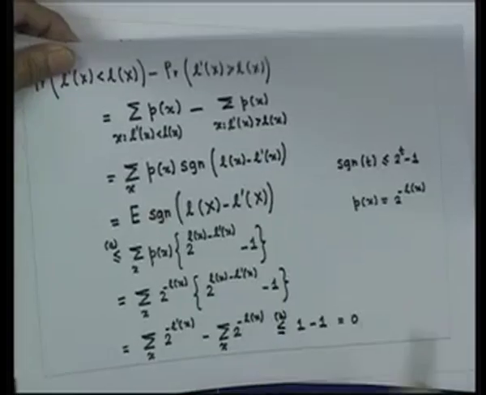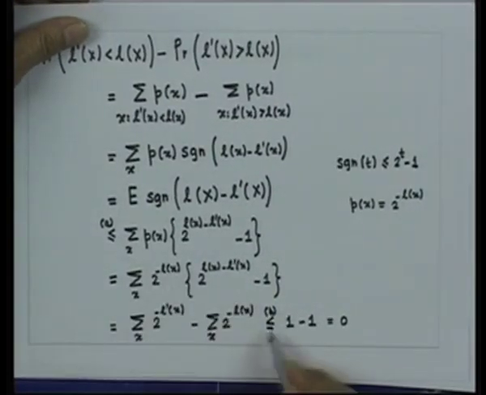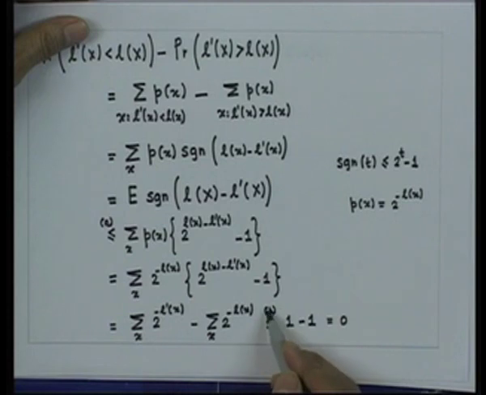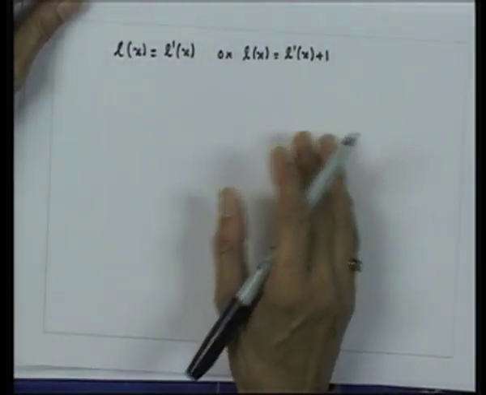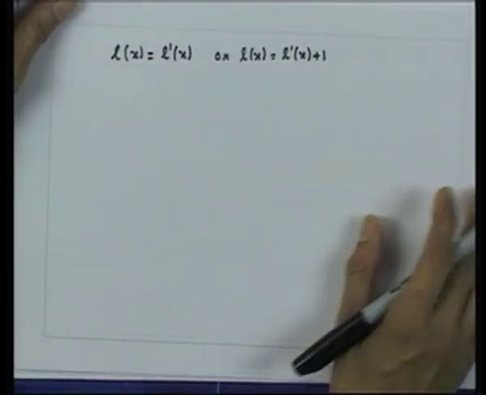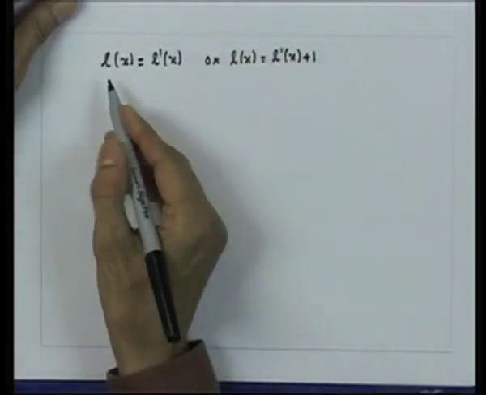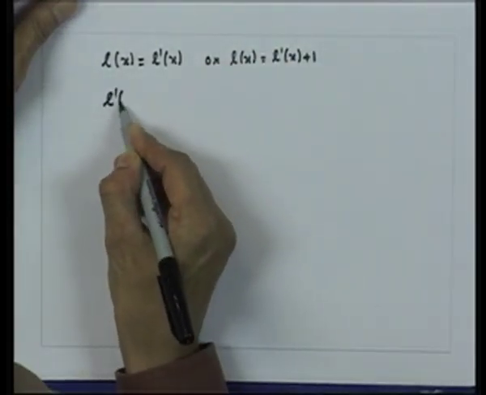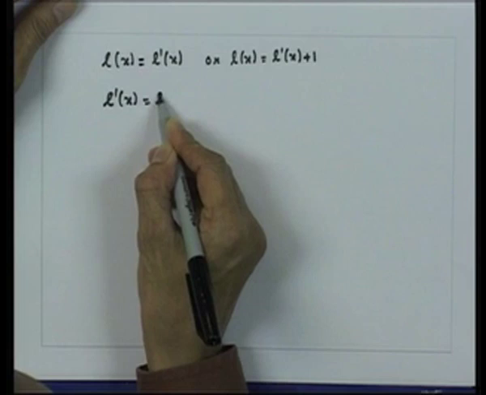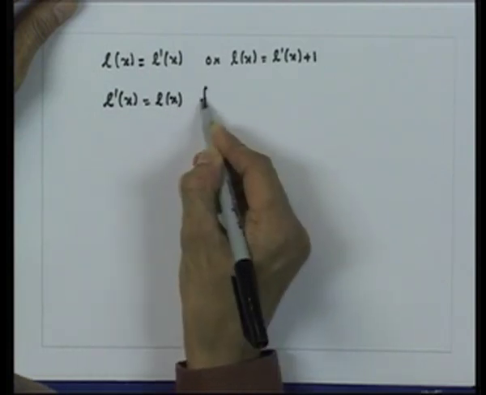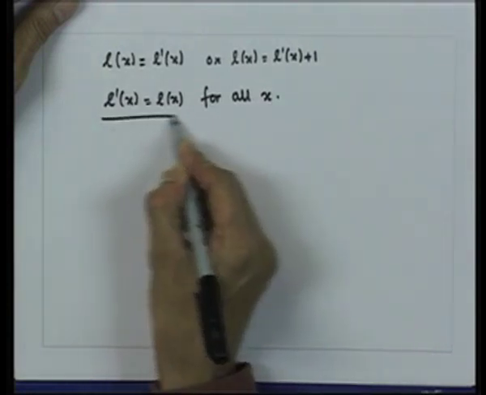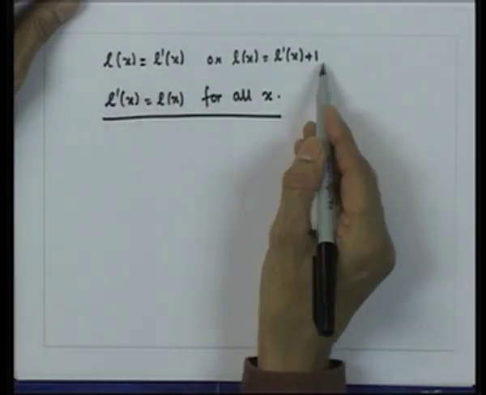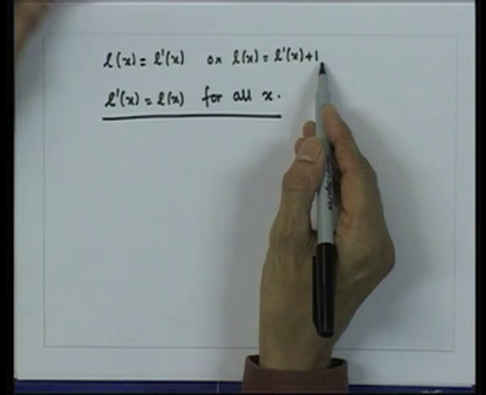Another equality is, if you want the equality, then this at point B should be equal to 1, which implies that the Kraft inequality is satisfied, and combining these two facts we will get L dash x is equal to Lx for all x. So, this we get from equality A.